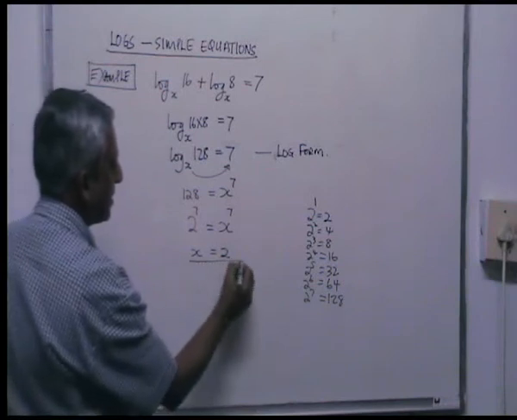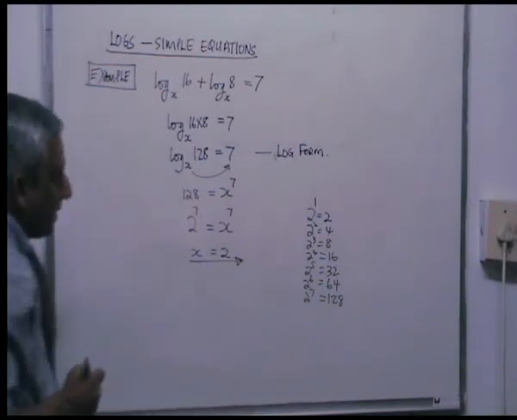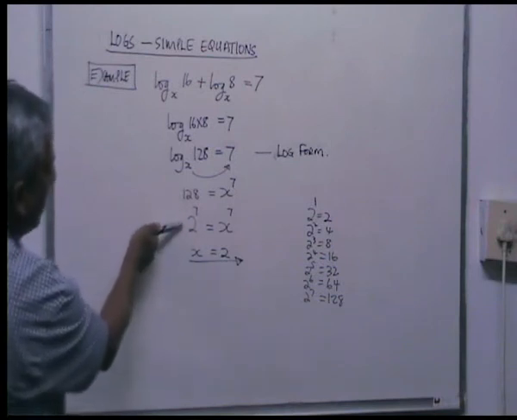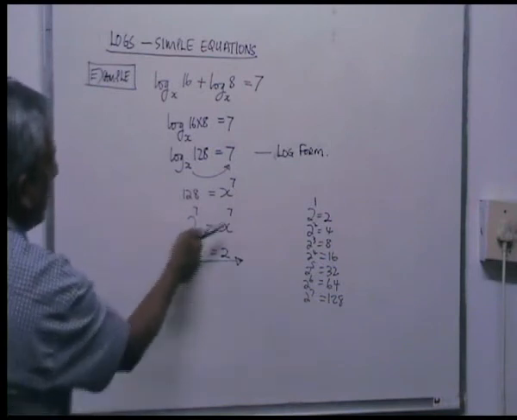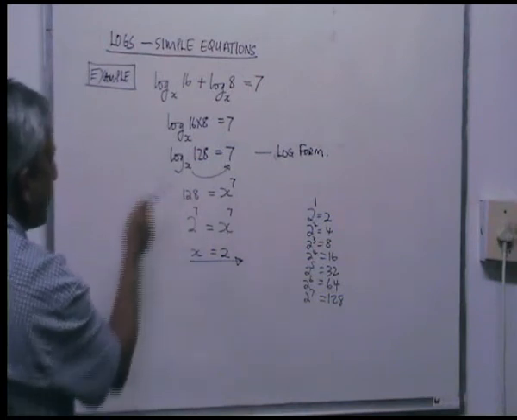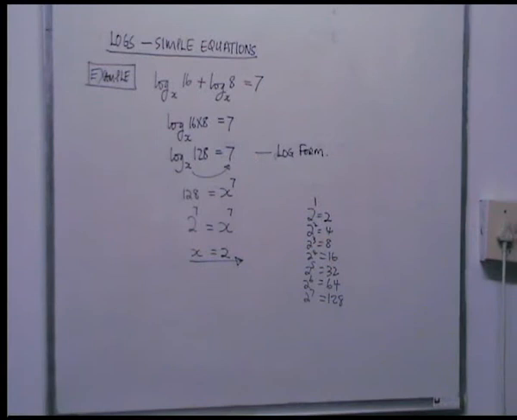So the answer is x is equal to 2. You rewrite that as a power of 2, because you can see that it is something to the 7 and 128 is 2 to the 7. So you have to know your other sections properly. If you don't know your other sections, then you would have a problem.